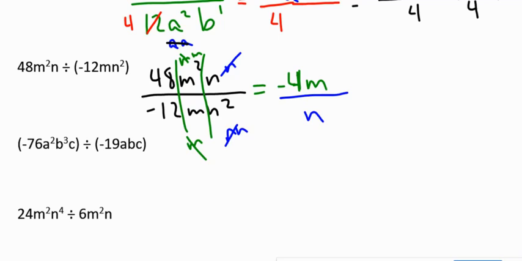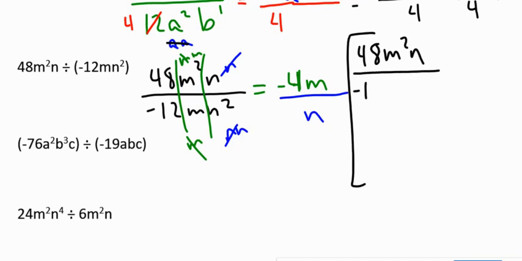Okay. If we solve this without looking at it in expanded form, just a little sidebar here, I'm just going to rewrite it. We could go piece by piece again, right? Kind of look at it like this. So I have 48 divided by negative 12 is a negative 4. Here I have m to the 2 minus 1, if I wanted to really show my work there.